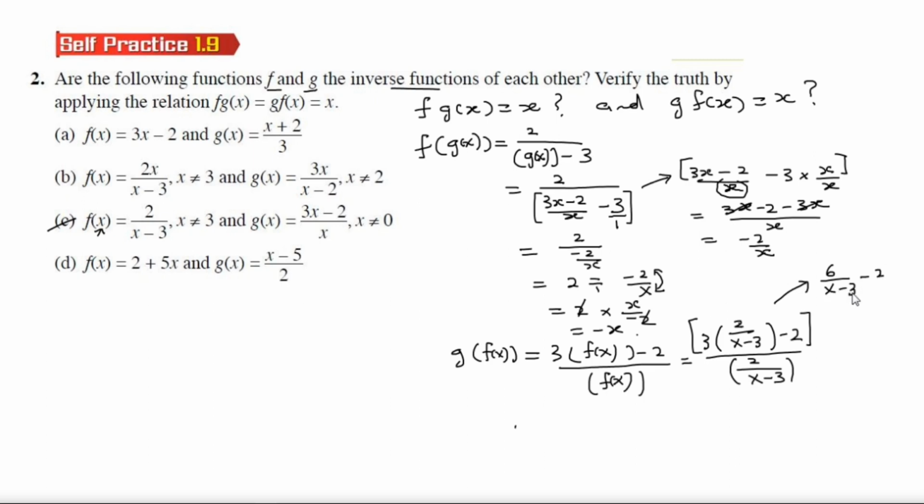它的分母是 x 减3. So what we do here, we times the denominator up and down. So we have 6 minus 2x plus 6 over x minus 3.